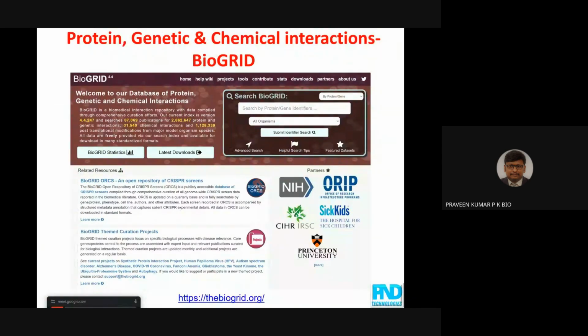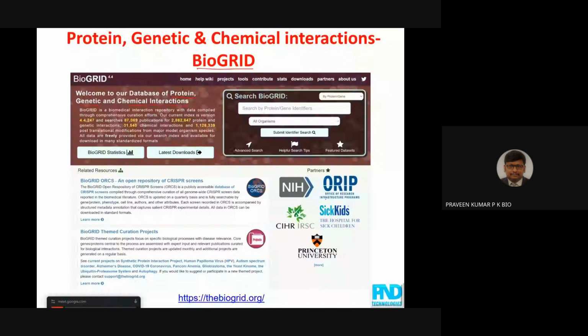The next database we are searching here is BioGRID. BioGRID is a database of protein, genetic, and chemical interactions, like drug-protein interactions and something related to genetics. This information is available at thebiogrid.org.